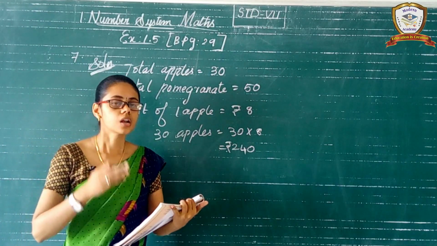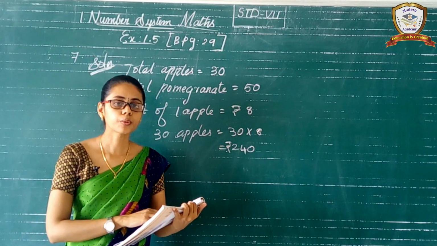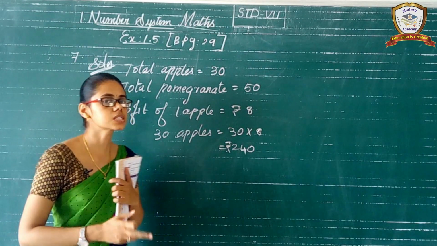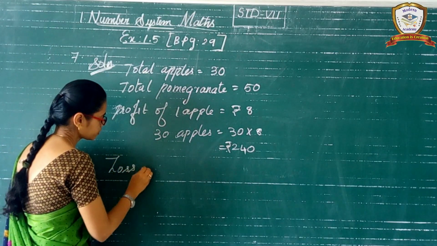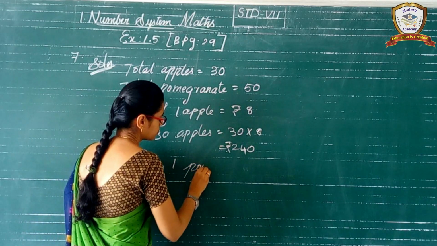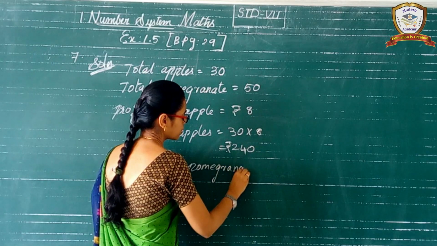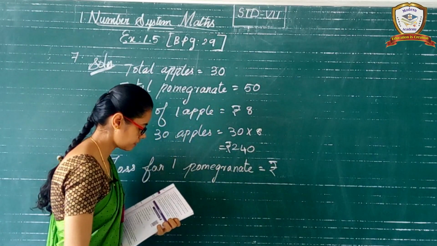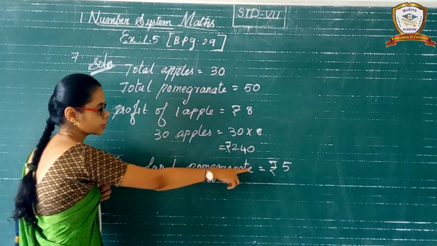See the next question. Loss of 5 per pomegranate means the loss for 1 pomegranate is rupees 5.